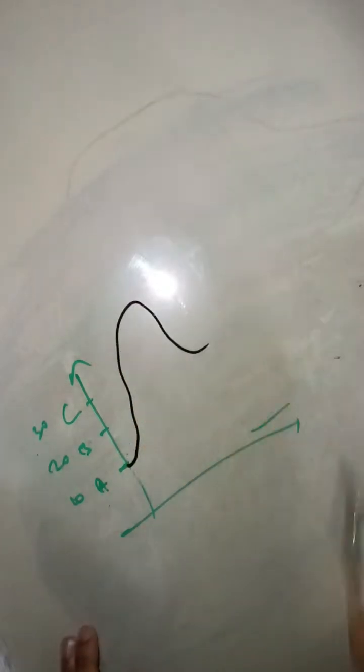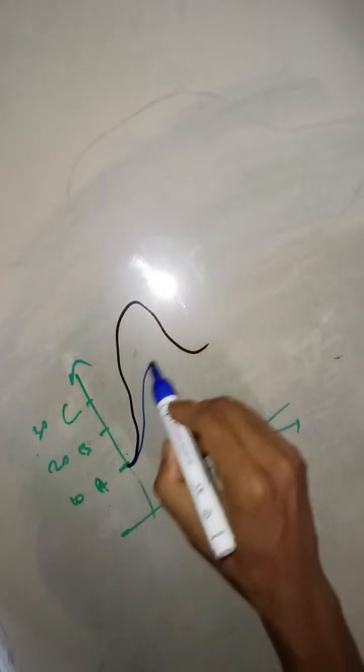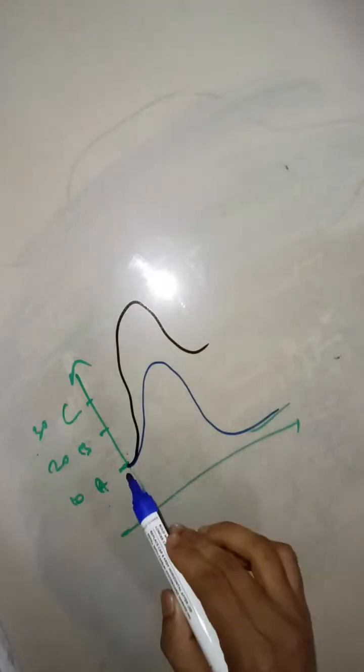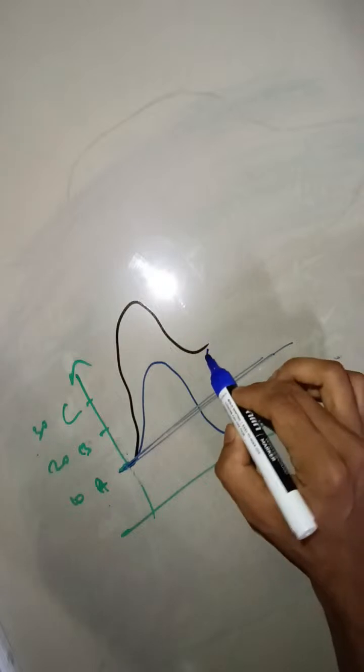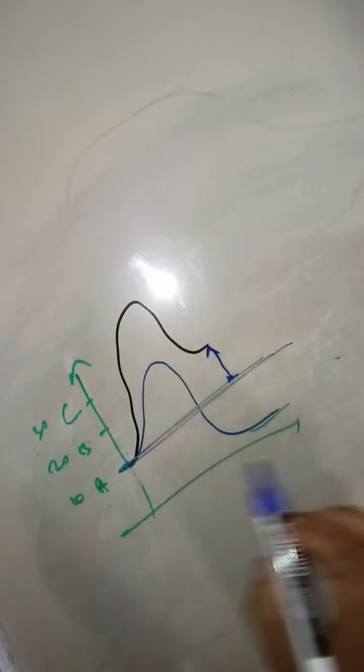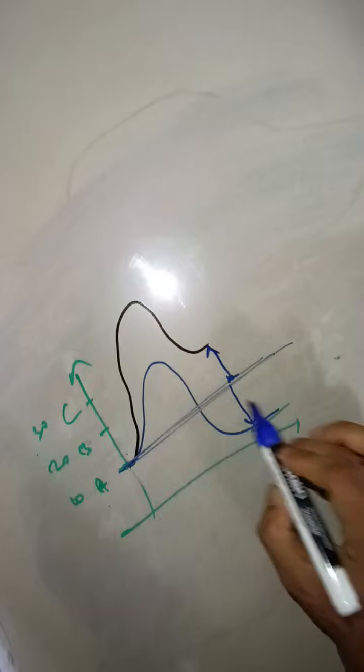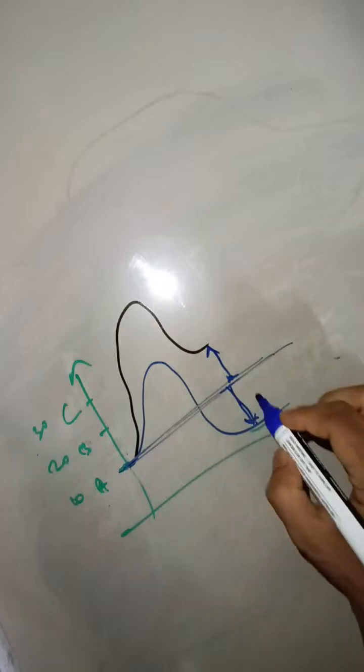Out of that, mainly we will study two graphs: one will be endothermic, and the second will be exothermic. Exothermic means like this. See, this is the initial point. If the temperature graph completes above, then it is exothermic, and if the temperature graph completes below, then it is endothermic. Why is it exothermic?